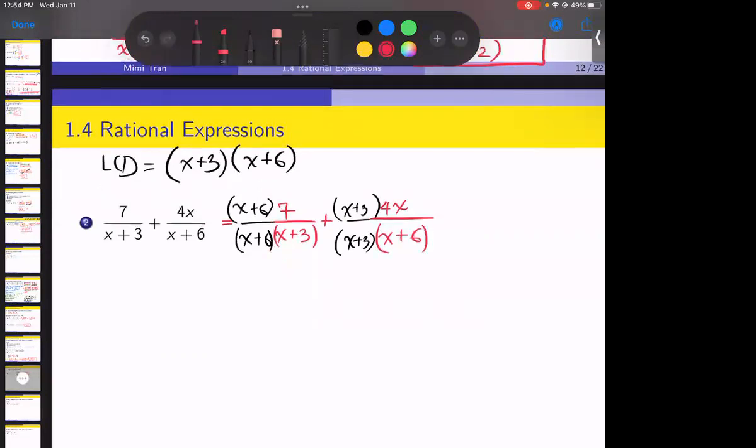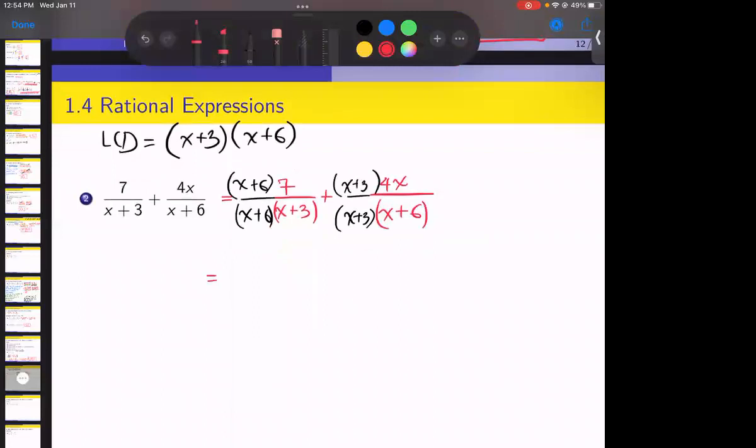All right. Now let's multiply the top. I have 7x plus 42 plus what? 4x squared plus 12x. Divided all that by x plus 3 times x plus 6. Do not FOIL it.